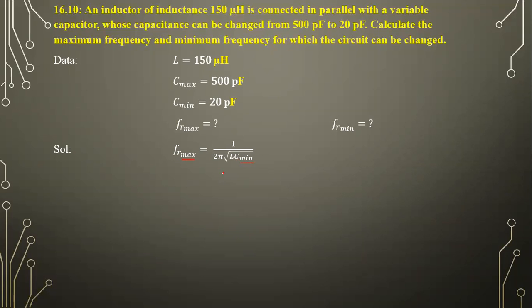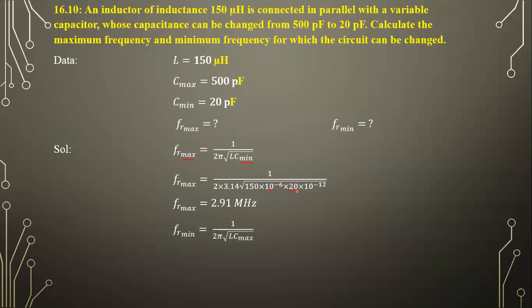By putting their values, 1 over 2 into pi, which is 3.14, inductance 150 microhenry, and minimum capacitance 20 picofarad, the maximum resonant frequency is 2.91 megahertz. This is the maximum resonant frequency.